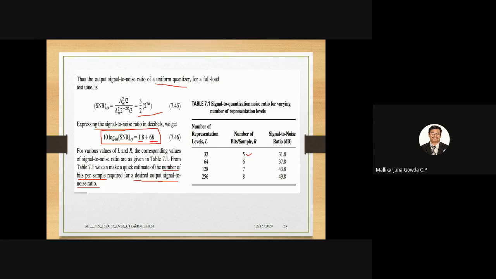During that time, the output SNR in dB will be 31.8 dB, means 6 into 5 is 30, 30 plus 1.8 is 31.8. That way we can cross verify.